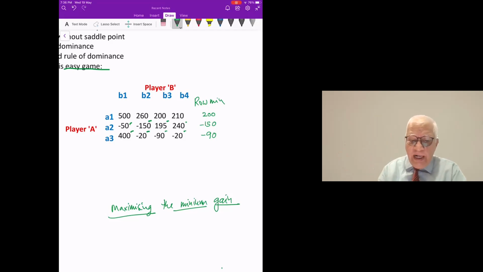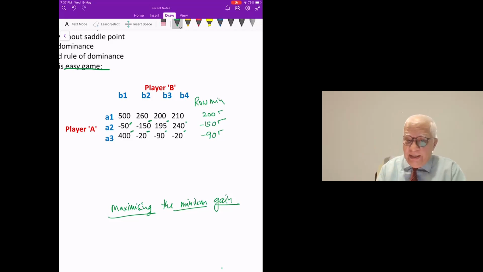So in other words, from strategy A1 the minimum gain is 200, from strategy A2 the minimum gain is minus 150, and from strategy A3 the minimum gain is minus 90. And A adopts the principle of maximizing the minimum gain. His optimal strategy would be centered around examining the various strategies A1, A2, A3, finding the minimum gain from these, and picking the strategy which results in the maximum possible value of minimum gain.